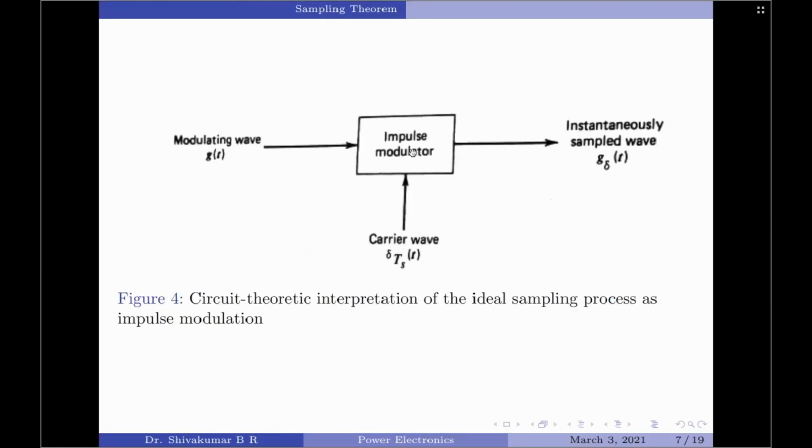We have an impulse modulator, the input to which is our modulating wave g of t, and the impulse modulator works with a carrier wave represented by delta Ts of t, and the output of this impulse modulator is our instantaneously sampled wave represented by g delta of t.